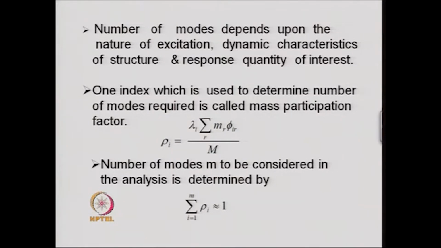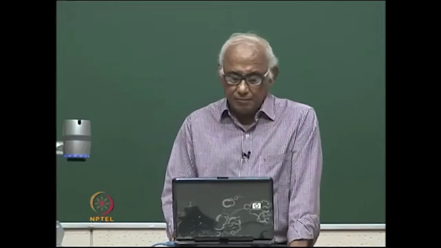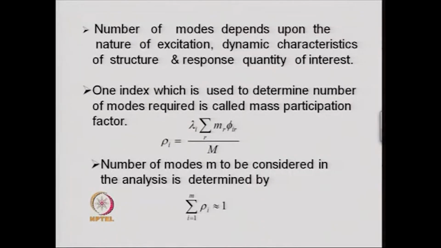So, we shall solve single degree of freedom equations, and we wish to solve as few equations of motion as possible. Yet at the same time we should get a good result, that is a result which is almost correct.